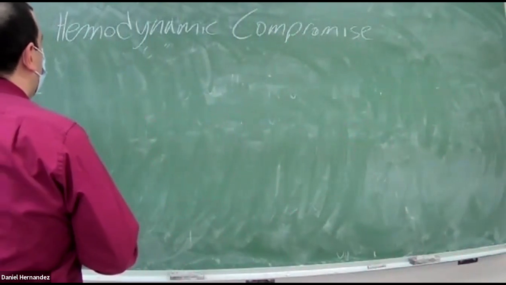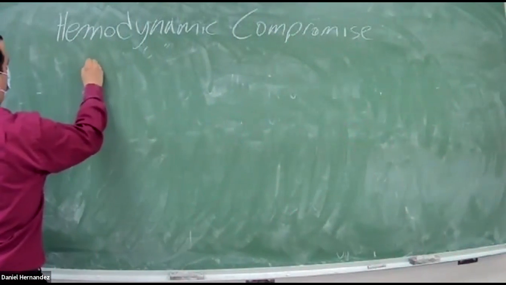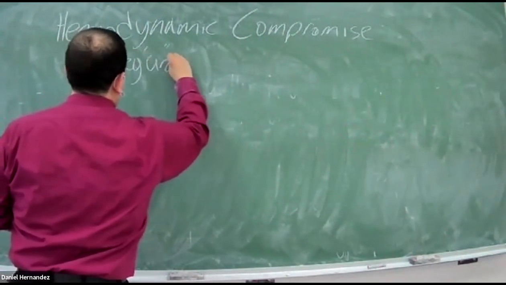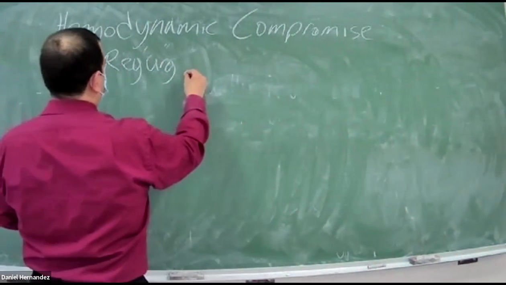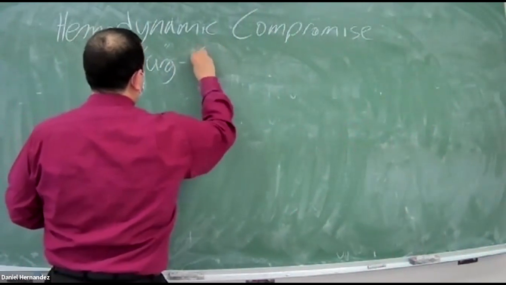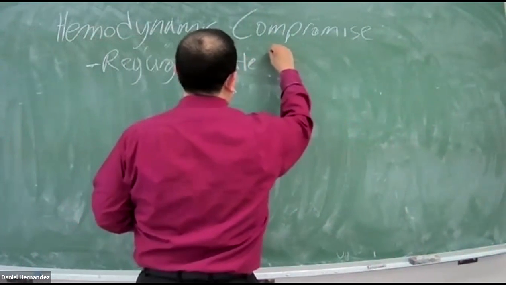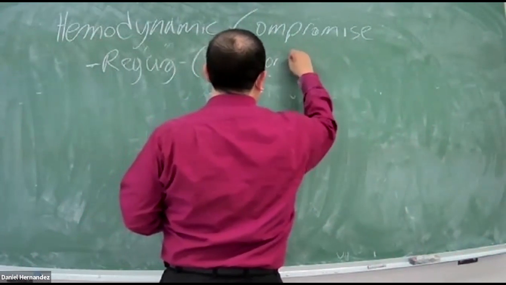So under hemodynamic compromise, yeah, regurg. And that could be acute or chronic.